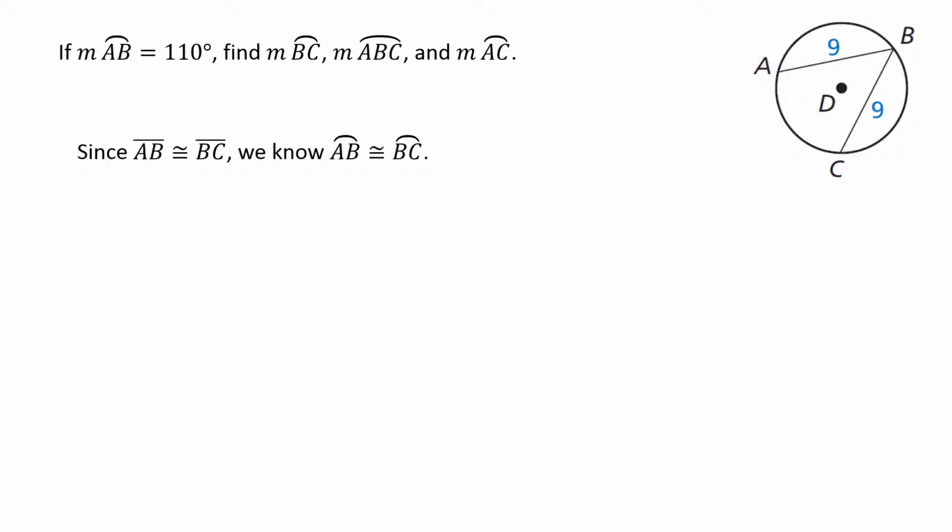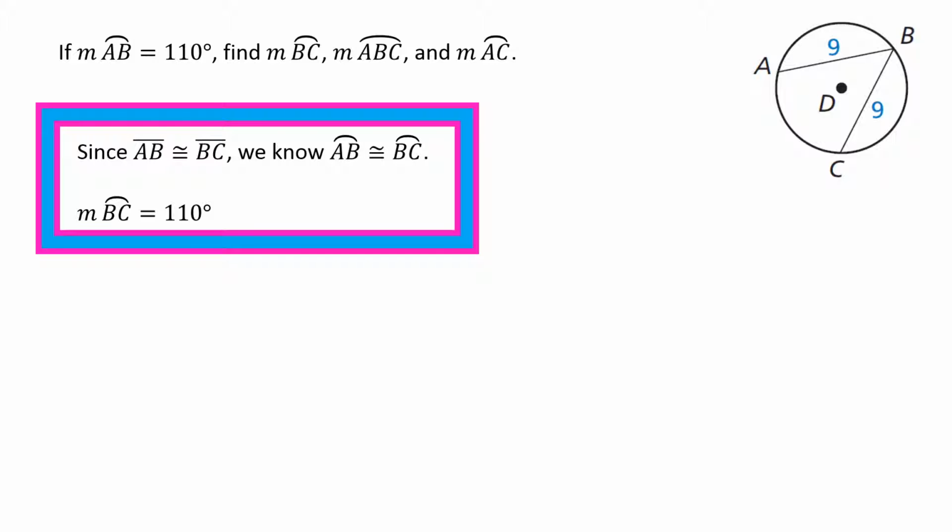Well, segment AB is congruent to segment BC, right? Because they both have a length of 9, so they got to be congruent. So I know those arcs have to be congruent. I know arc AB has to be congruent to arc BC. So I know the measure of arc BC has to be 110 degrees because the measure of arc AB was 110.